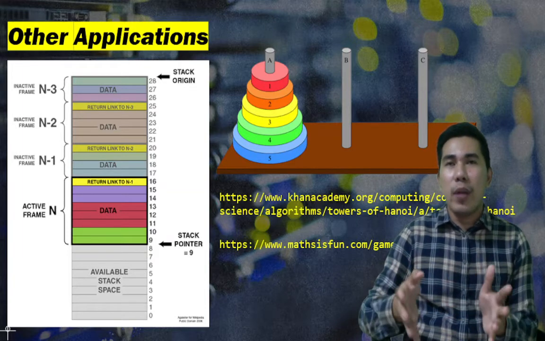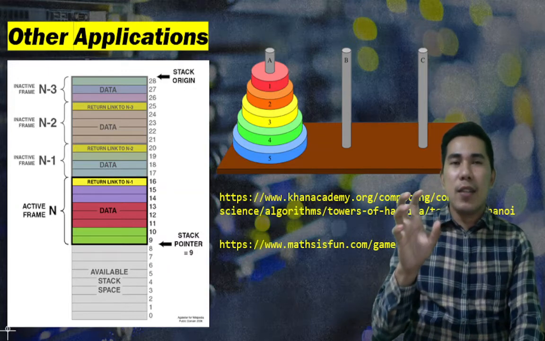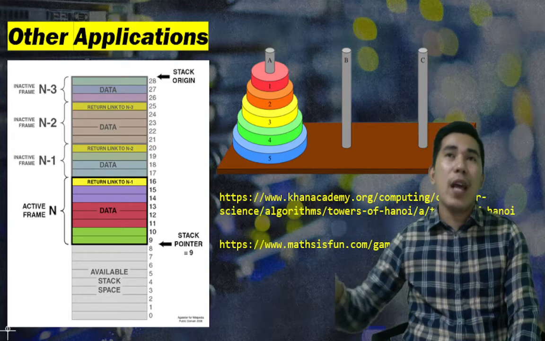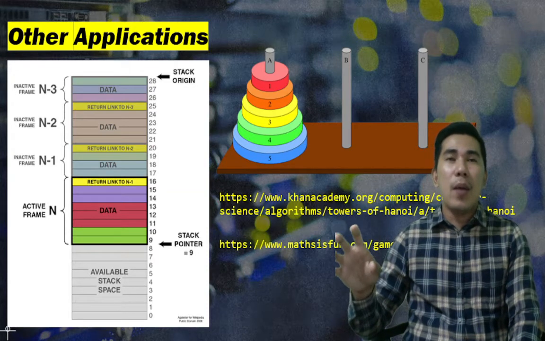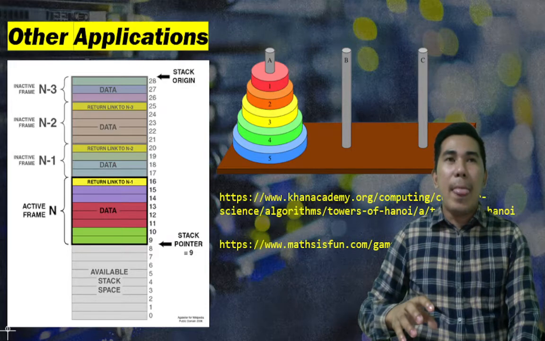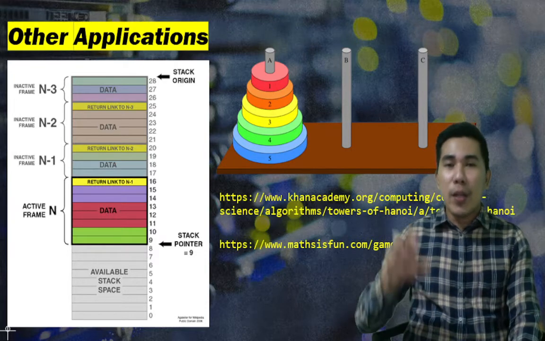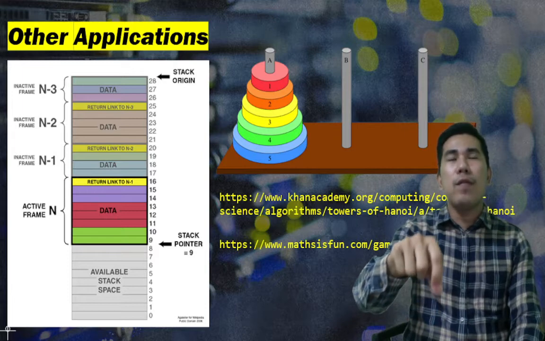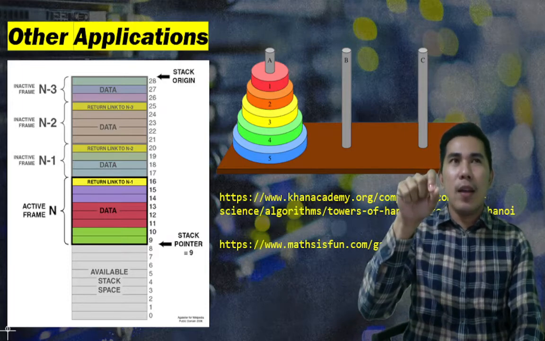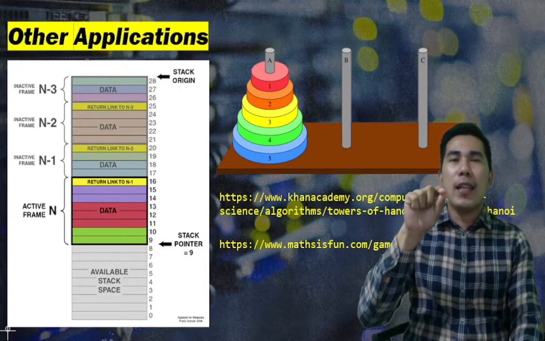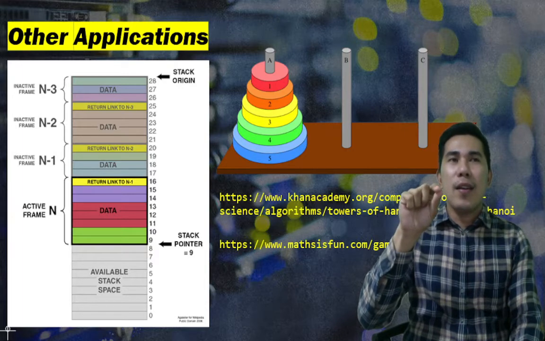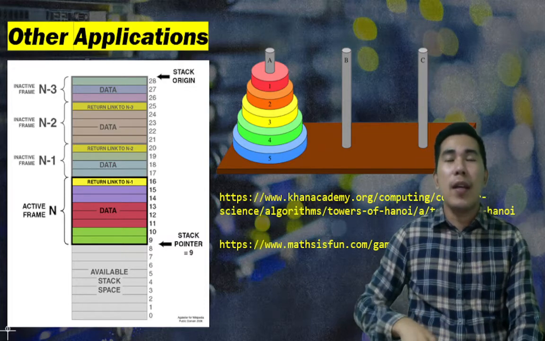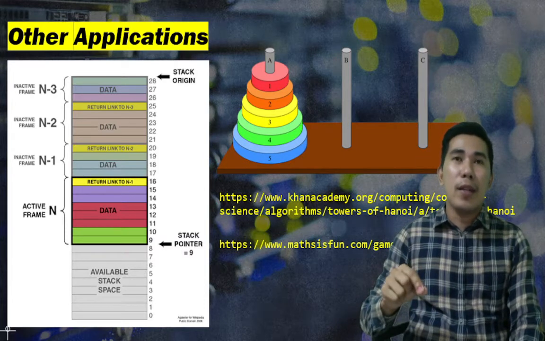So basically, you are going to move all the discs to the other tower or rod by applying certain rules. You can only remove one disc at a time, but you have to make sure that the disc at the top is the smaller one.